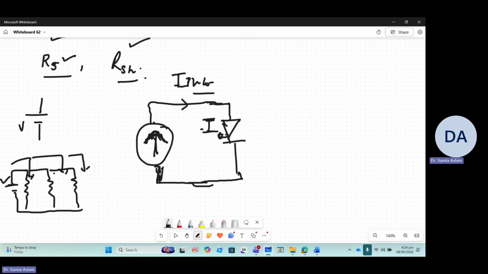Suppose if we just forward bias this diode, then the current that it is going to draw is known as diode current, or you can say the saturation current.